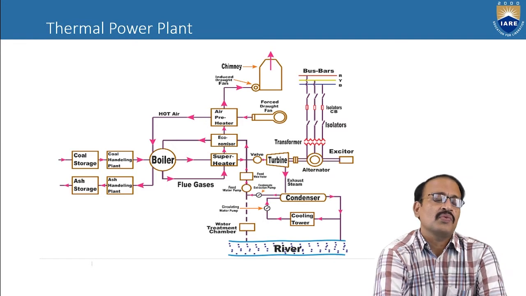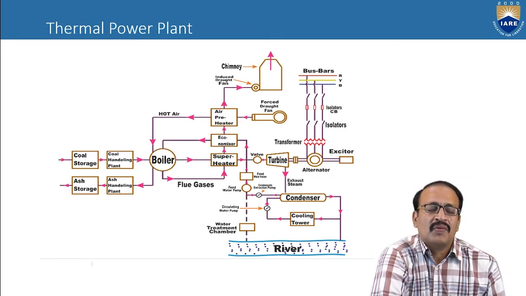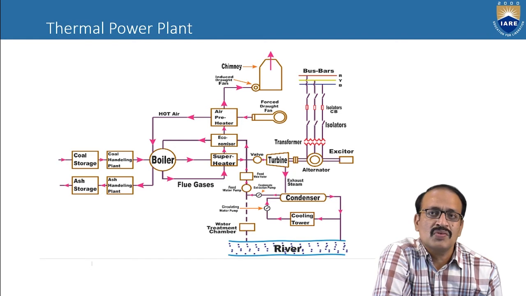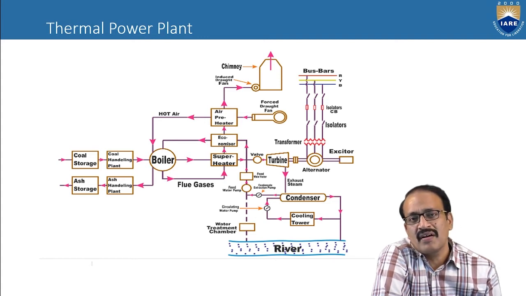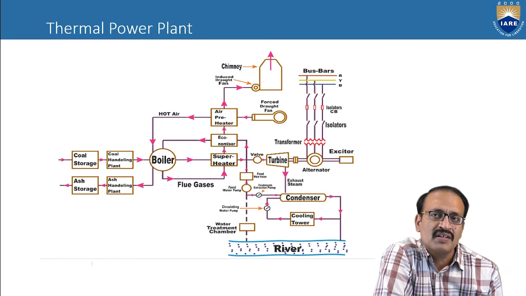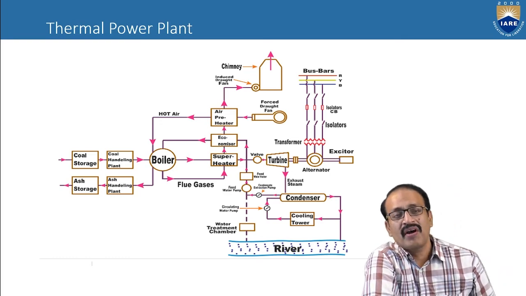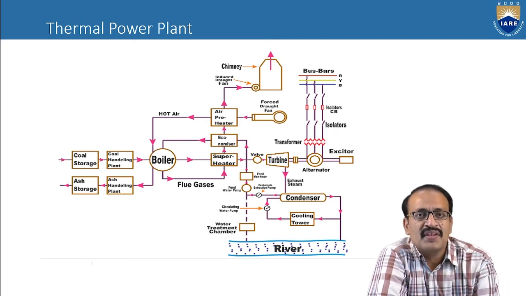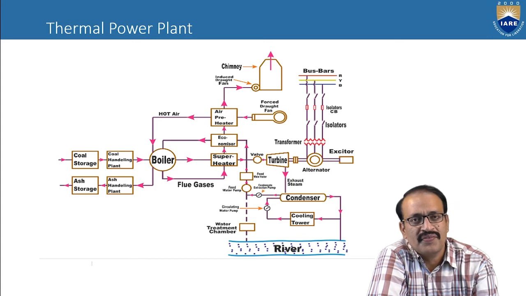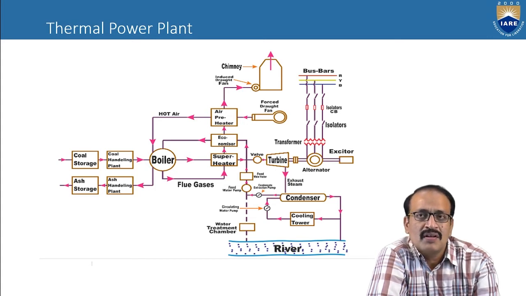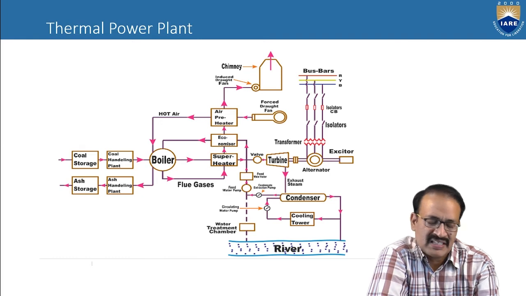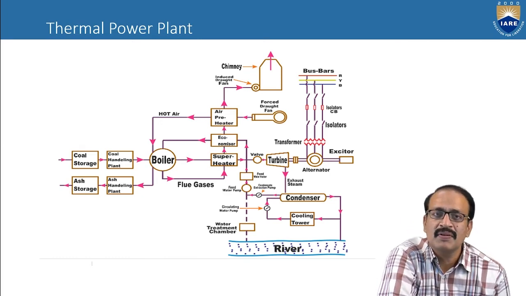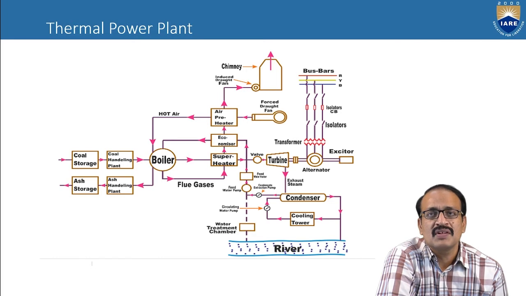The heat which is stored in the flue gas afterwards goes through the economizer, where we have the feed water. The water which is going to the boiler is heated before going in, with the help of the flue gases which come out after the superheater, and some energy is absorbed by this water.